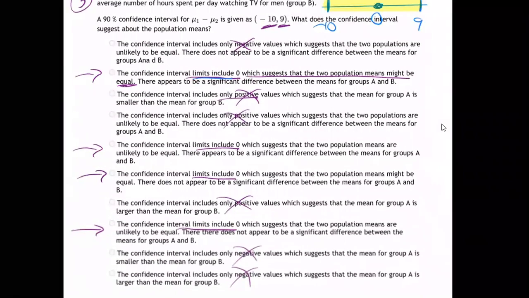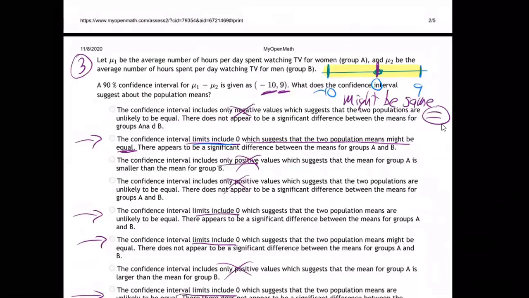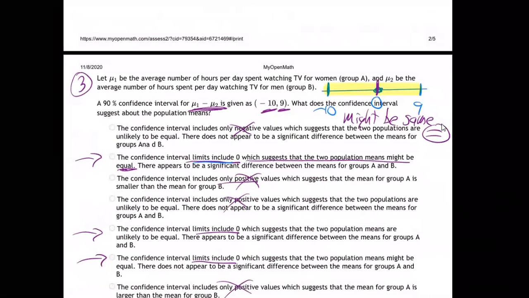Let's write that right here. Might be the same. Might be equal. That's what it means. Why? Because 0's in there, right? Remember, this is the difference. This is mu1 minus mu2.